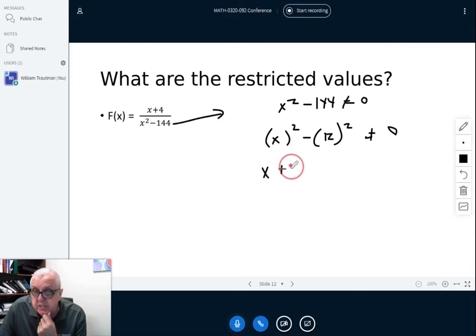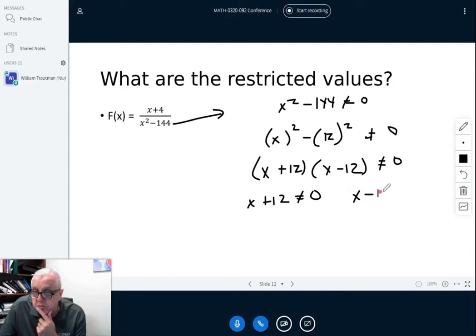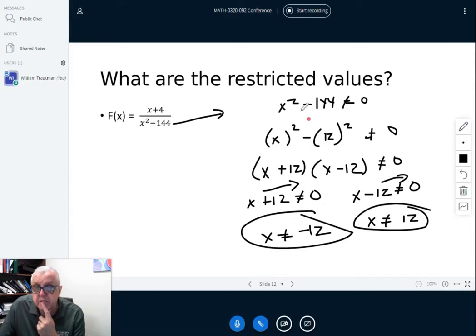So x plus 12 and x minus 12 cannot equal 0. So you say x plus 12 cannot equal 0 and x minus 12 cannot equal 0. When I get these to the other side, I get x cannot equal a negative 12 and x cannot equal a positive 12. So those are my two answers.